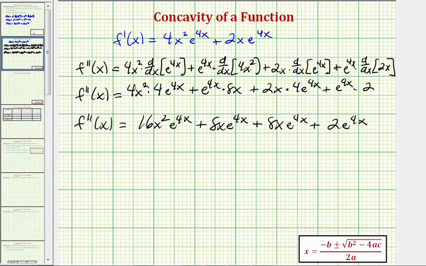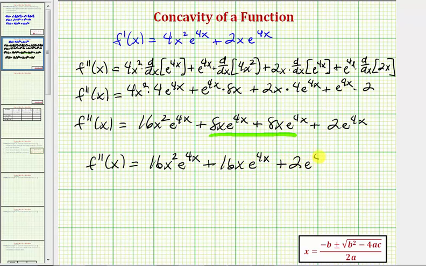But notice how we do have two like terms here, so we'll go ahead and combine those. So we have f double prime of x equals 16x squared e to the 4x plus 16x e to the 4x plus 2 e to the 4x.